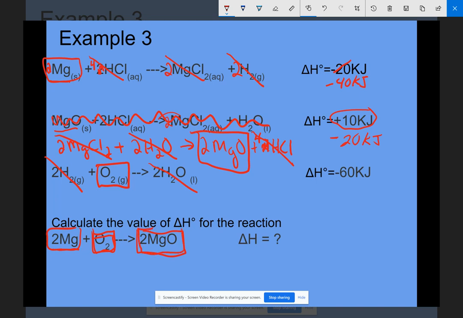So everything's either canceled out or it matches what the reaction is. So now I just need to go through and I need to add up all my heats. So negative 40 plus negative 20 plus negative 60. I get negative 120 kilojoules after all my manipulations.